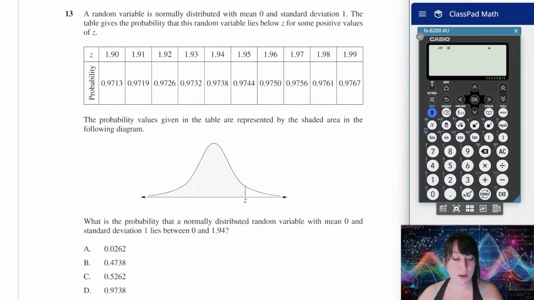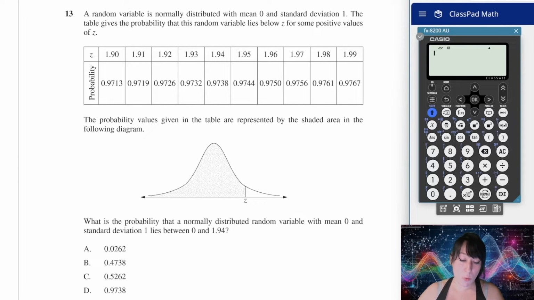We sometimes call these z-scores. Below the table it says the probability values given in the table are represented by the shaded area in the following diagram. So this is the typical setup for a standard normal table where we're given the probability up to a given z-score.